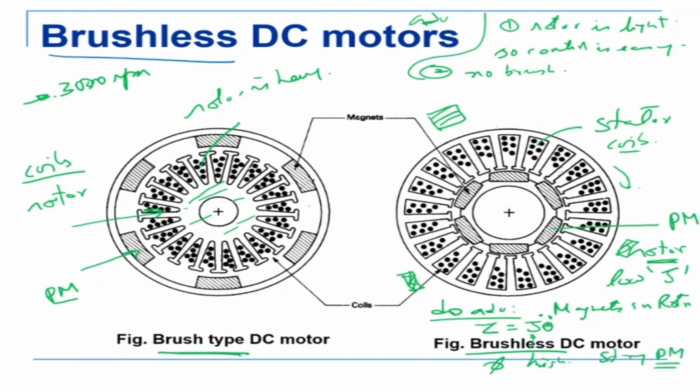If your magnetic flux is very high, only then can you produce a higher torque. Because J is low, its inertia is low, which is good in terms of control, but bad in the sense that if your magnetic flux is low, the motor would not produce very high torque.